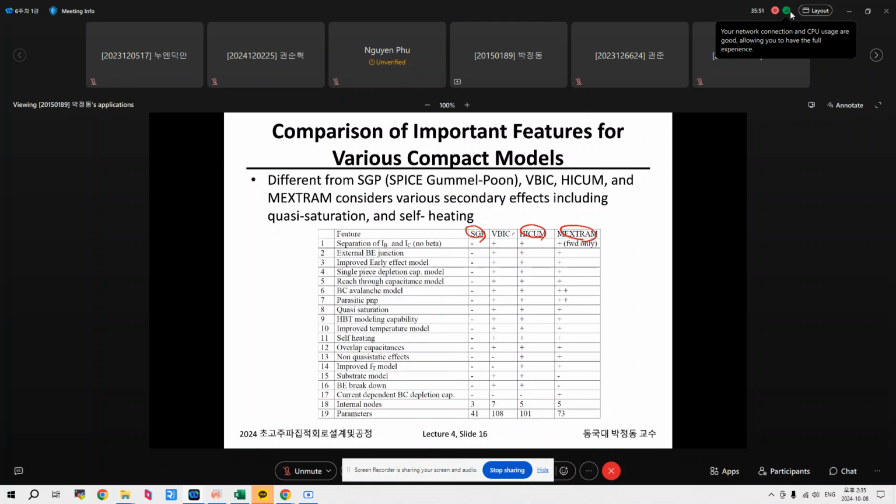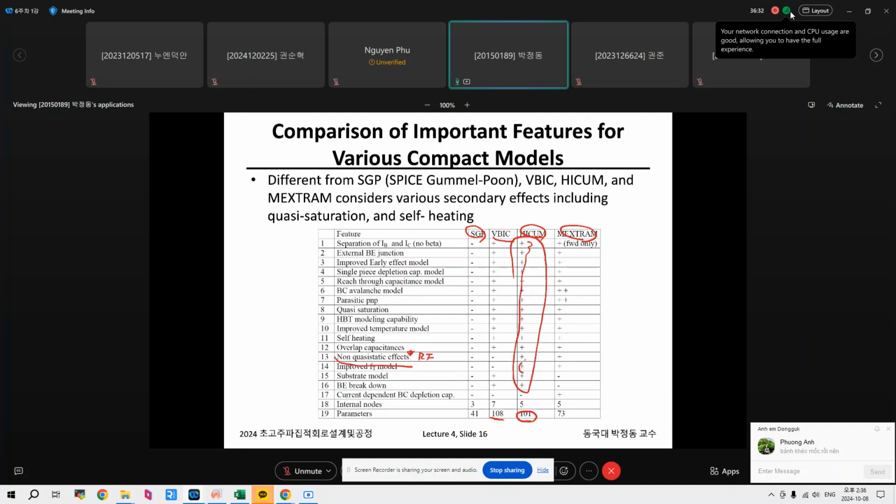We don't use VBIC because if you take a look at this comparison table, as can be seen here, you come to see why the HICUM model is widely used, because this considers most secondary effects, even though its parameters are fewer than VBIC. Especially the non-quasi-static effect is quite important for RF modeling. That's why we use HICUM.